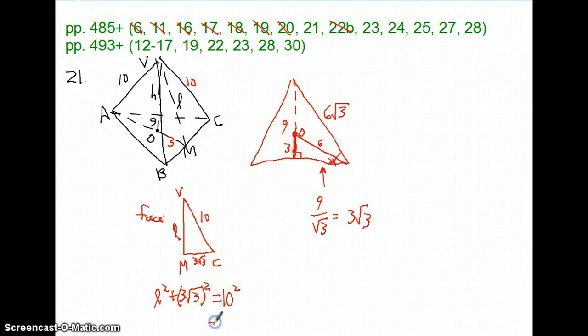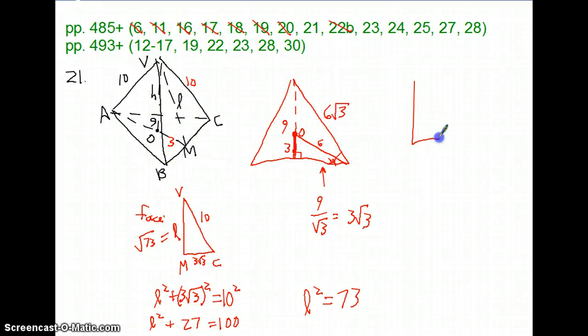Oh, that's 100. 3 squared is 9 times 3, which is 27. So L squared is 73? Okay, I don't think 73 has a nice square root. No, it doesn't reduce at all. So square root of 73 is L.